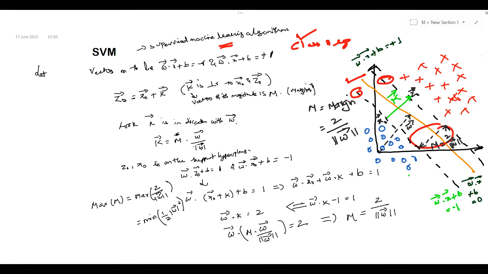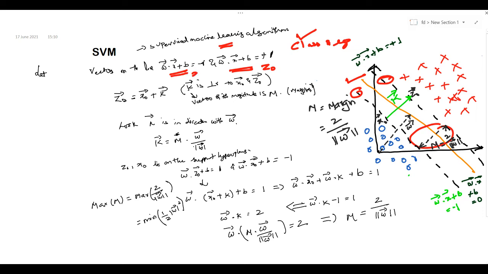The hyperplane formed by the support vectors on the red side means the z0 support vector is lying on the line w·x + b = 1.